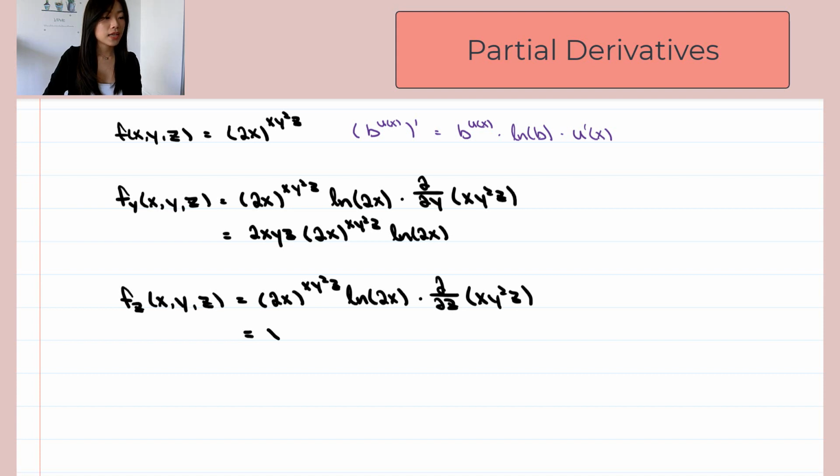So we get x times y squared times, the remaining is the same, 2x to the power of x times y squared times z, and times ln of 2x.